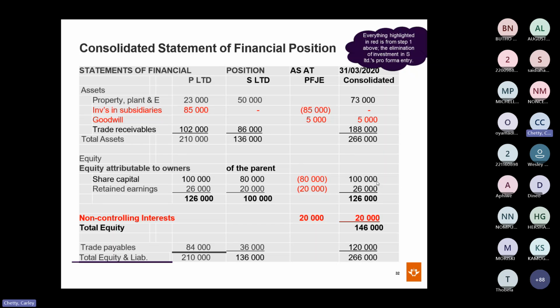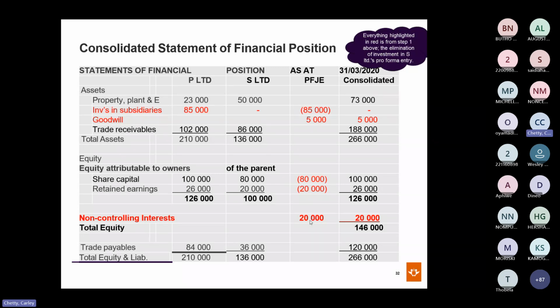So if we add the 100,000 plus the 26,000, that will give us 126,000 in the consolidated financial statements. That is equity that is attributable to owners of the parent. Then we have the non-controlling interest.